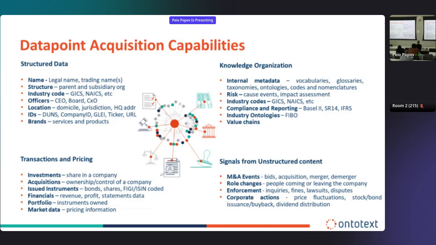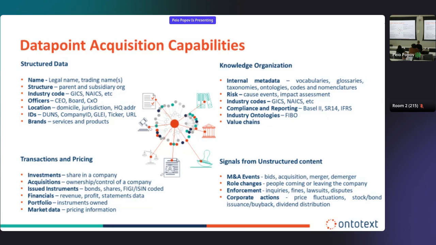But to the graphy part, to these 2 mixes, the pure semantics and the structured data, the interesting part starts to happen when we start to add unstructured content. And of course, time series data. If you imagine, this is an easy example of signals from unstructured content: news corpora.